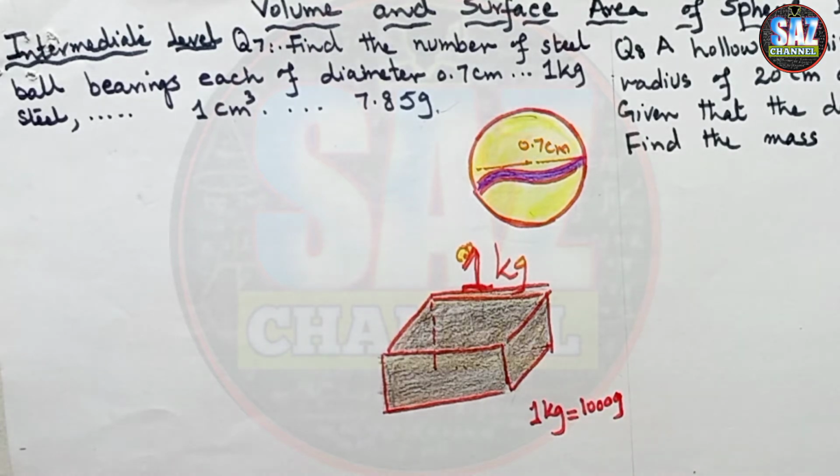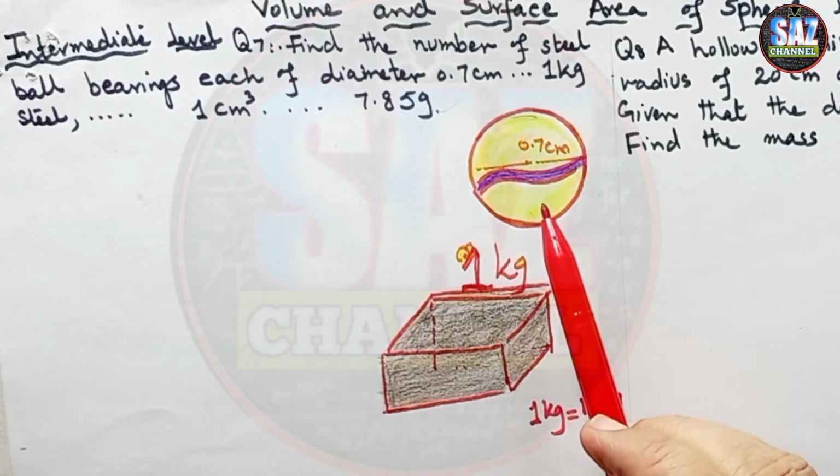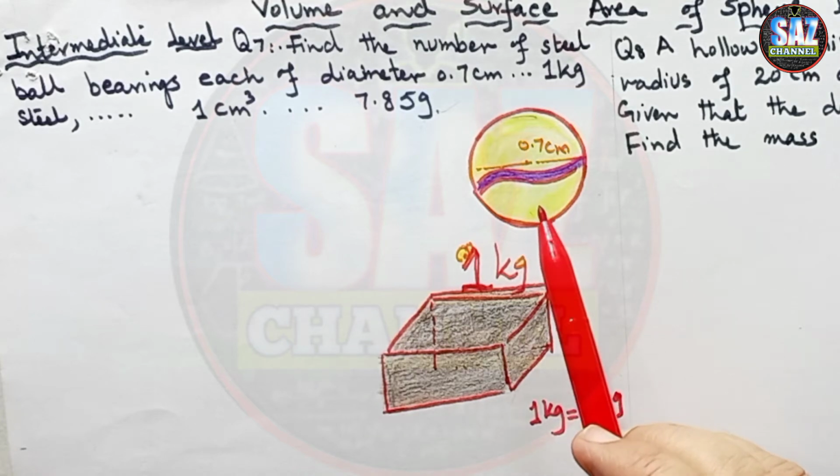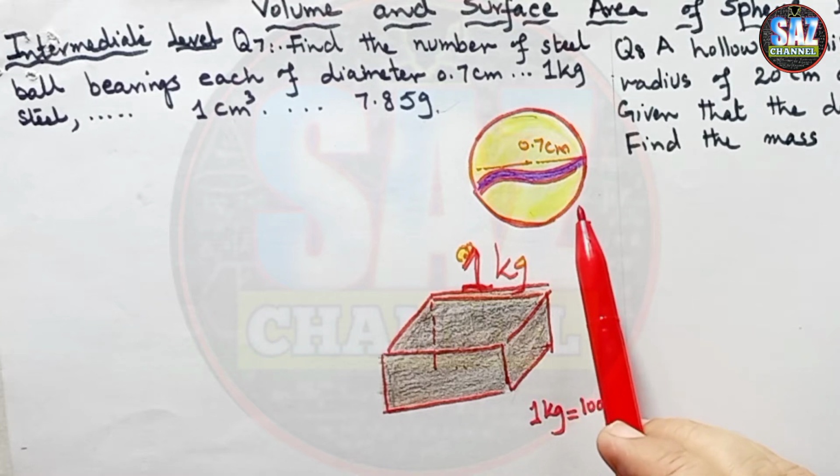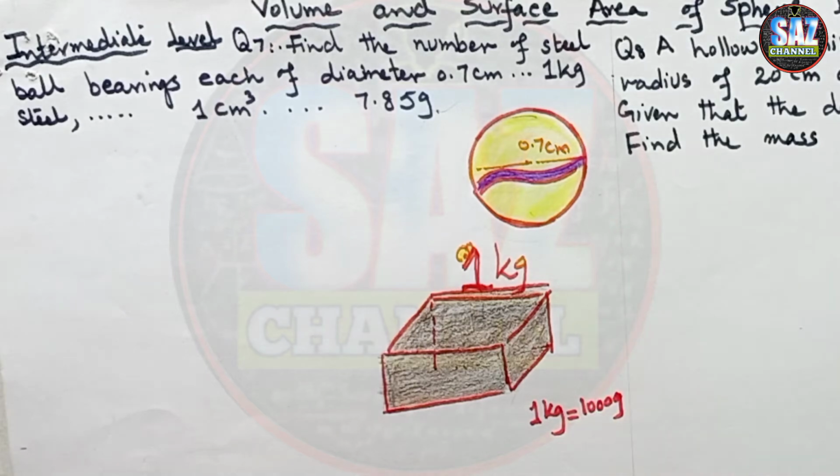Now in order to find the number of ball bearings, this 1000 gram weight will be divided by the weight of one steel ball bearing. I hope you are clear how we will be finding how many ball bearings are possible. So let's move to the solution of the question.